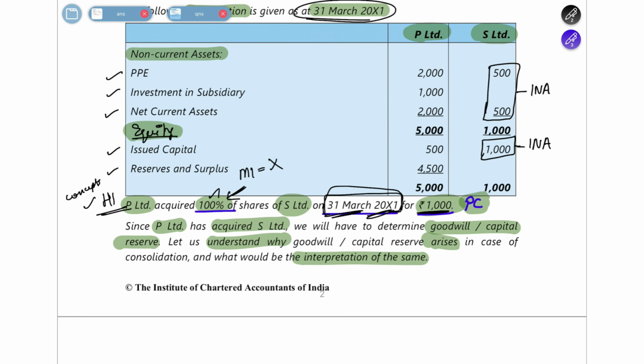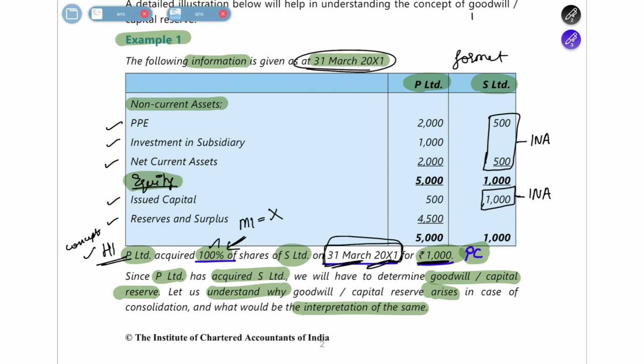You must remember that there is a particular format that I have already taught you. It was an 8-step format, basically, in which we started by writing the date of acquisition, then the date of consolidation, then the holding interest and the minority interest, then we prepare the analysis of reserves. After preparing that, we find out the net assets taken over of the subsidiary company, then we find out the cost of control, then the minority interest, and finally the group reserves.